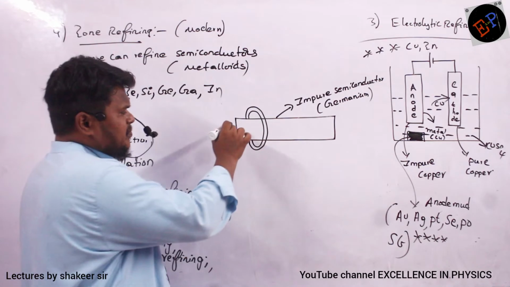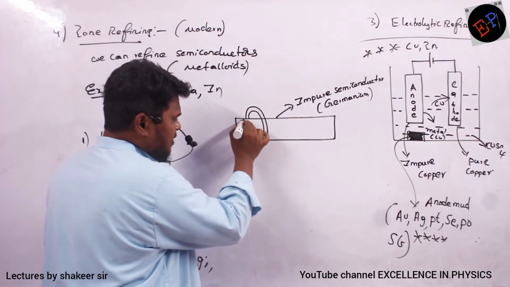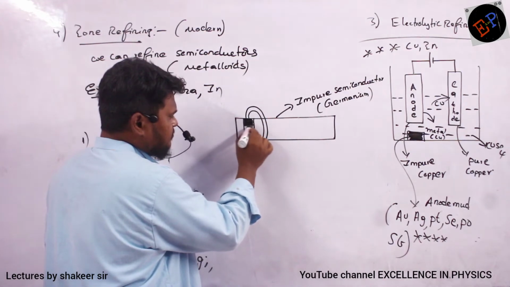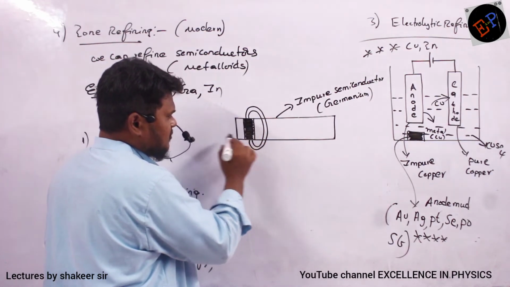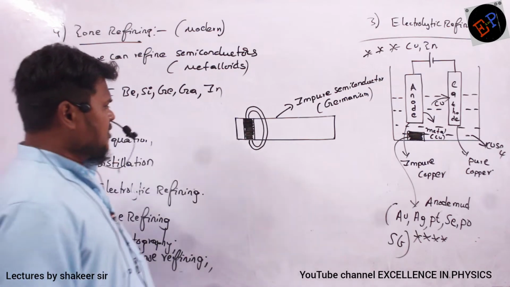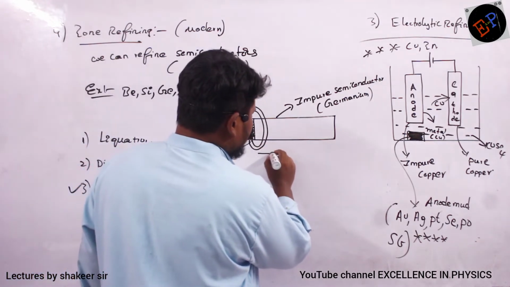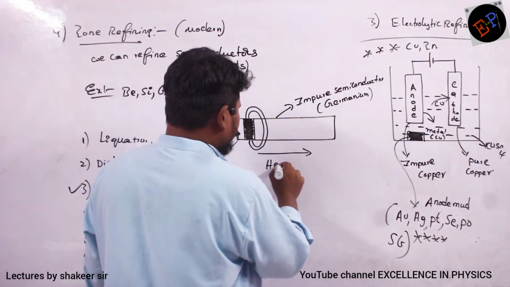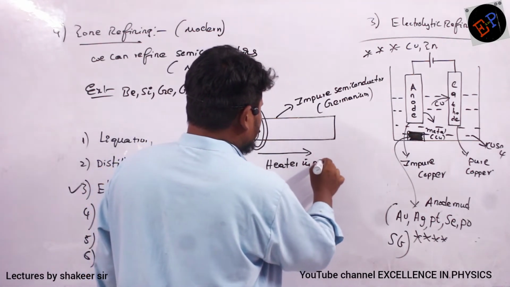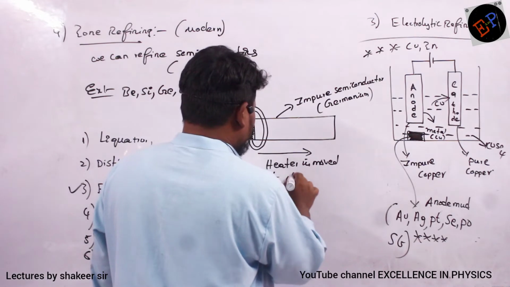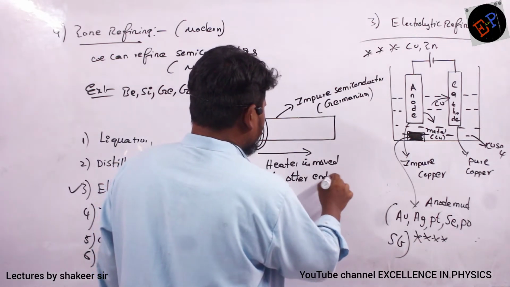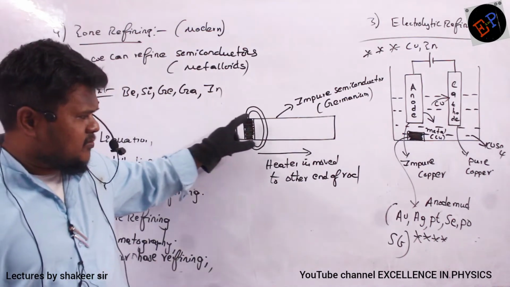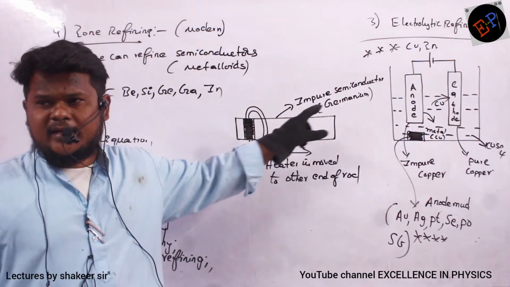Because of this heater, the metal starts melting here. Then I move this heater slowly to the right side. Here I can write: the heater is moved to the other end of the rod. So I start moving this heater to the other end of the rod.